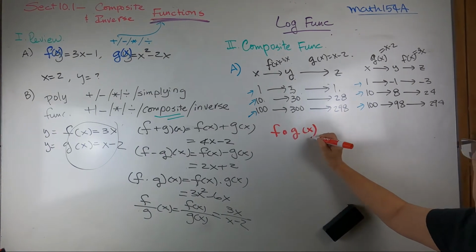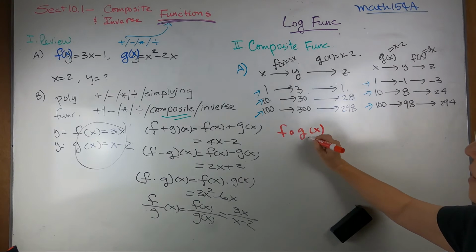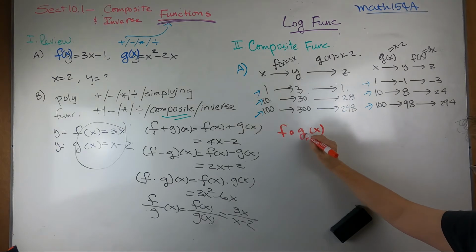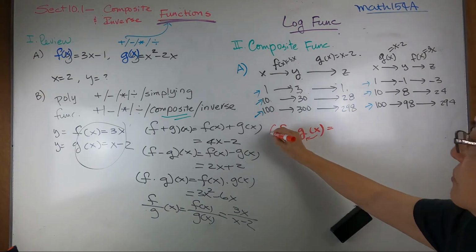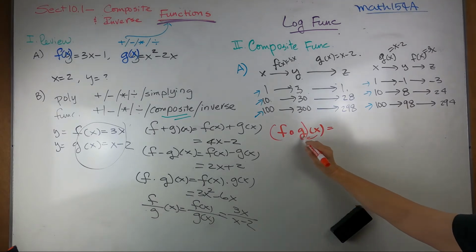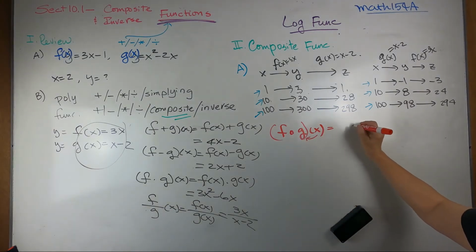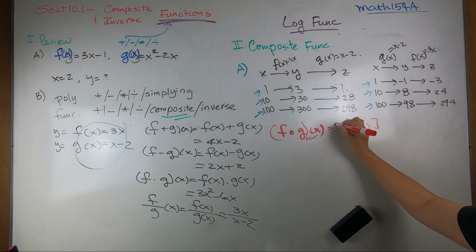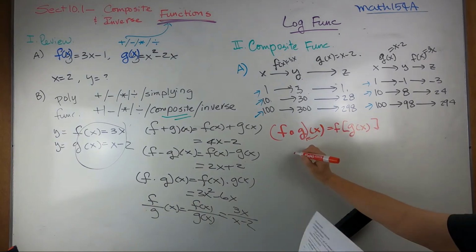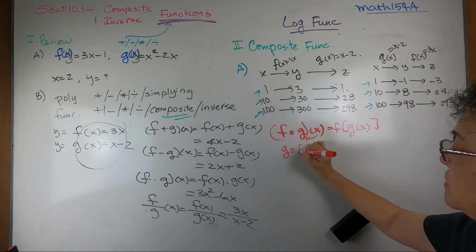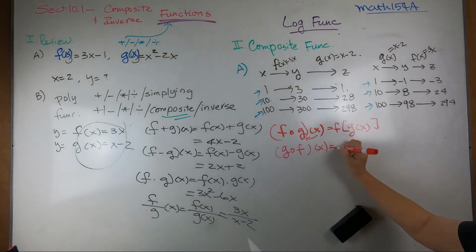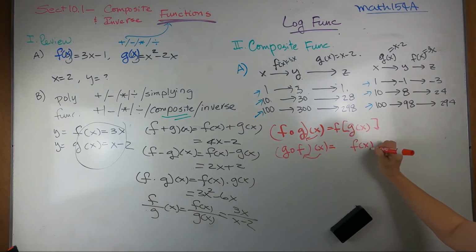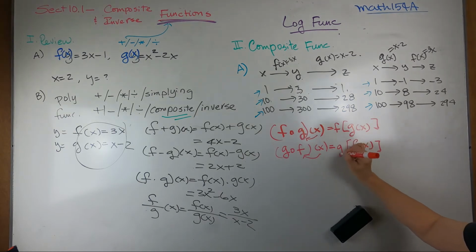If I stack up for x, whatever is closest to x, you will do that first. So for this one, we do f Cheerio g of x. It means I will do g of x first, okay? Then I stack up to f. If I do g Cheerio f of x, it means what? Which one will I do first? I will do f first. F of x, then whatever you have, you stack up to here.